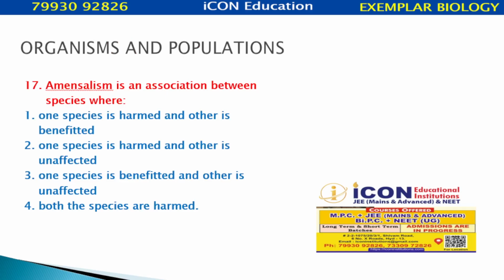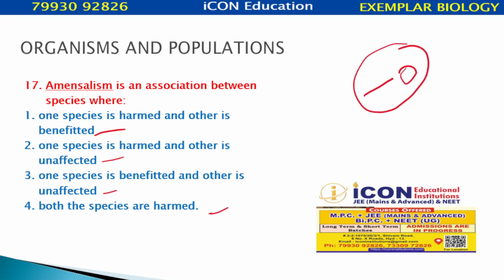Amensalism is an association between the species where: one species is harmed and other is benefited; one species is harmed, other is unaffected; one species is benefited, other is unaffected; both the species are harmed.